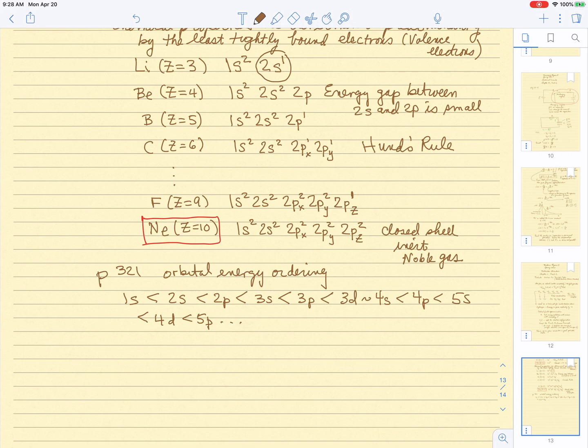Let's go up and look at what are called the first row transition elements. They start with scandium, number 21.